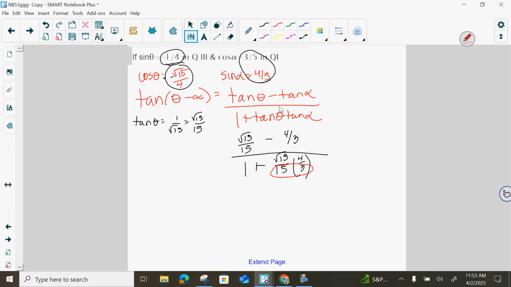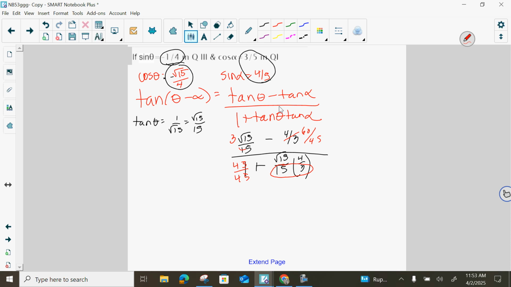So I want to make this one 3 rad 15/45. I want to make my 1 45/45. I want to make my 4/3 60/45. I don't want to make a mistake. I did last class. Right? Is that right? All 45s?